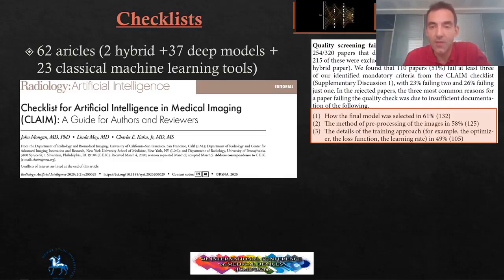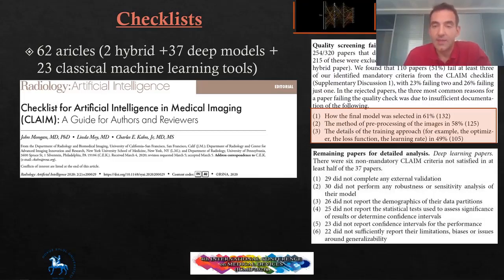So these are all eliminated since this information is not included in the article. And of the remaining papers that are analyzed for detailed investigation, 29 of them did not complete any external validation, 30 did not perform any robustness or sensitivity analysis of their model, and 26 did not report the demographics of their data partitions.